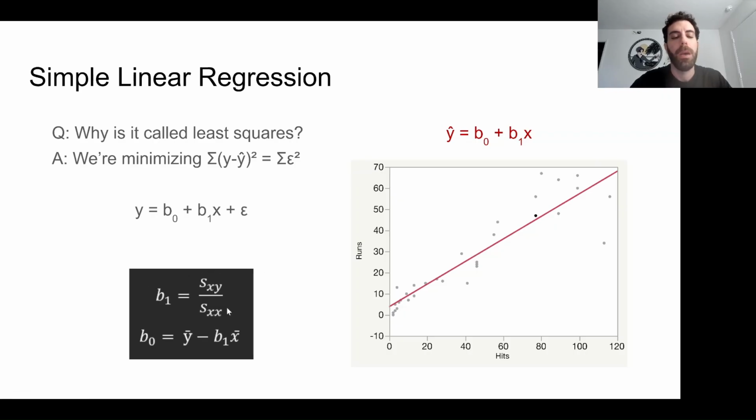You might be thinking, well, where do beta 1 and beta 0 come from? This is just in terms of y's. Well, the y hat can be written as beta 0 plus beta 1 x, right? That is our predicted value. And this is a form you've seen many times before. To repeat what we talked about last class, y in algebra is often written as mx plus b, where b is your y-intercept and m is your slope.